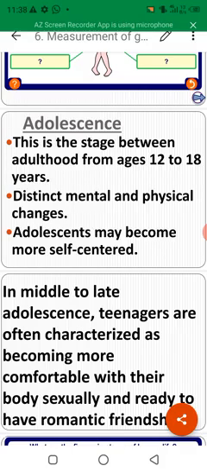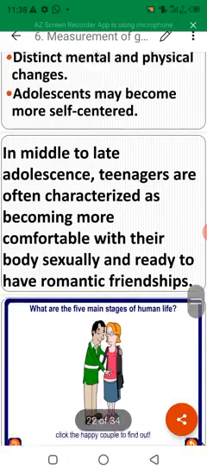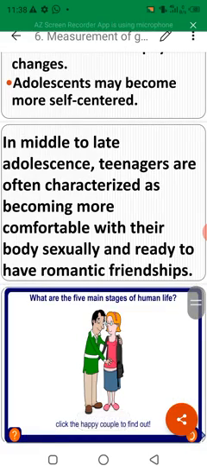Adolescents may become more self-centered. They think more about themselves. In middle to late adolescence, teenagers are often characterized as becoming more comfortable with their body sexually and ready to have romantic friendship.